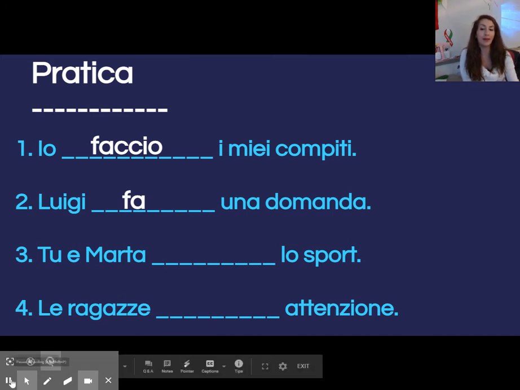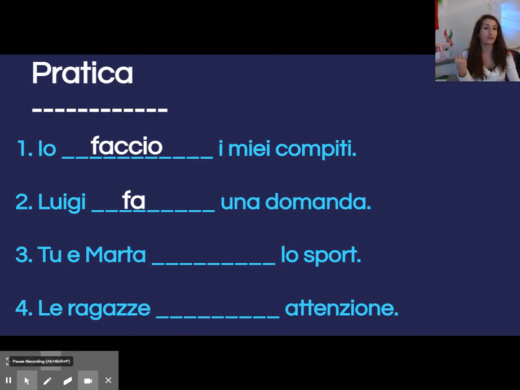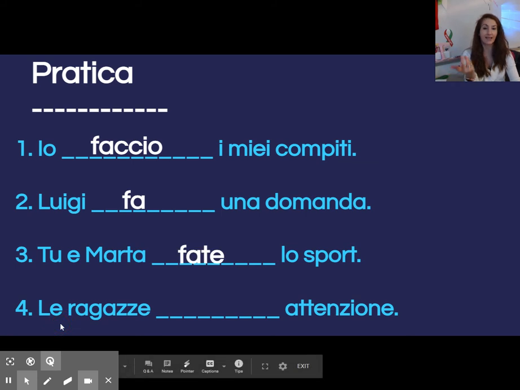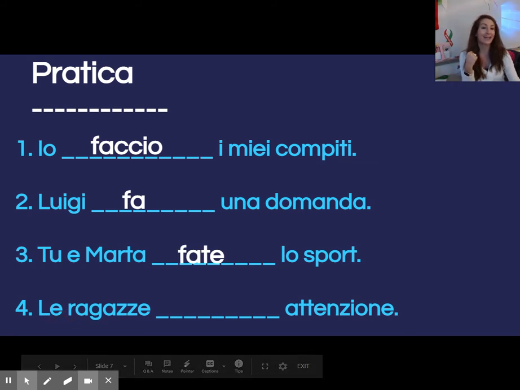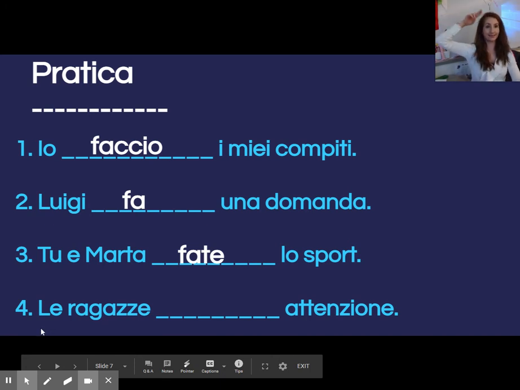Tu e Marta blank lo sport. Now, here we have to do a pronoun switch. Tu e Marta. It's not just tu, it's tu e Marta. You and one other person. That is the voi form. So voi fate lo sport. Numero 4. Le ragazze blank attenzione.